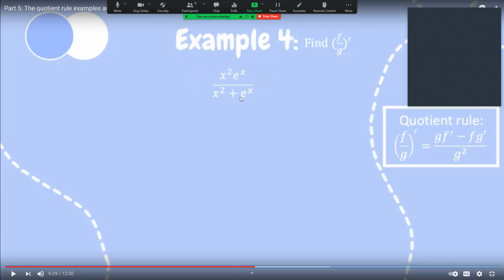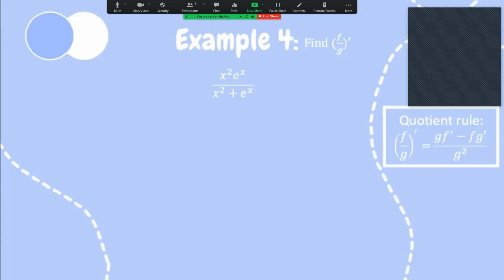All right, here we go. The next example, we have x squared e to the x upstairs and x squared plus e to the x downstairs.